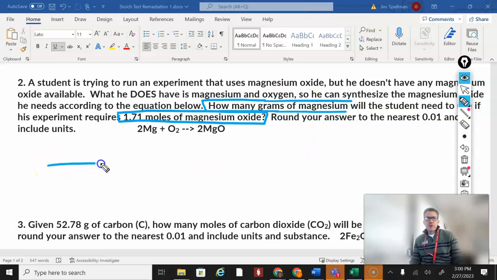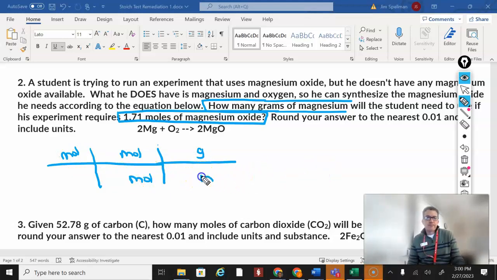So if I draw out my conversion factors, notice I'm not starting with grams, so I don't have 4 sets of boxes here. I've only got 3 sets. So we're starting with moles. We're going to go moles, moles, and grams, which means, again, on the bottom, the purpose of the bottom is to cancel out the top.